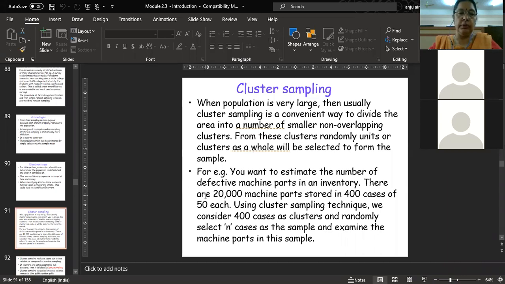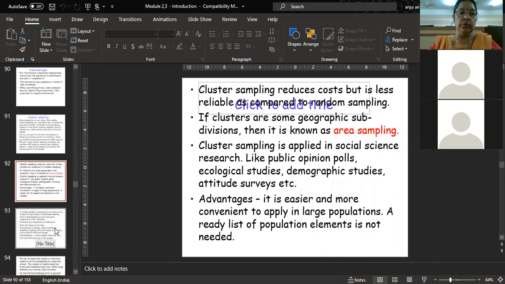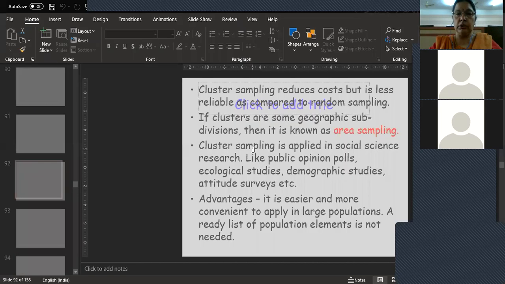So this is how the cluster sampling technique can be used to take a sample from very large populations which are spread out. Then you use the cluster sampling technique. It is also a technique which is reliable and not very costly.